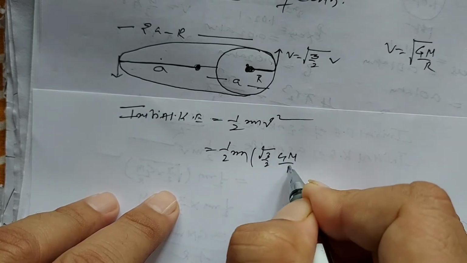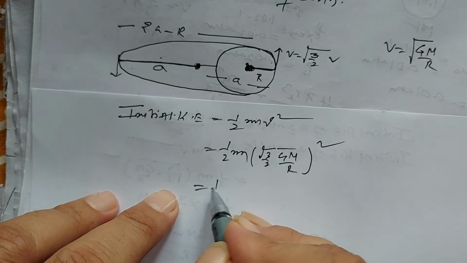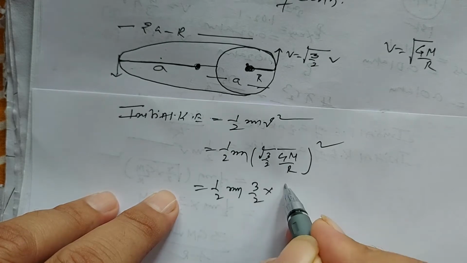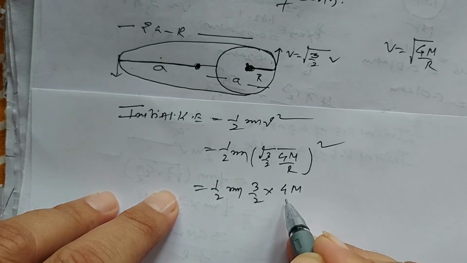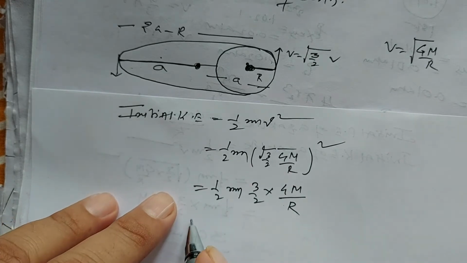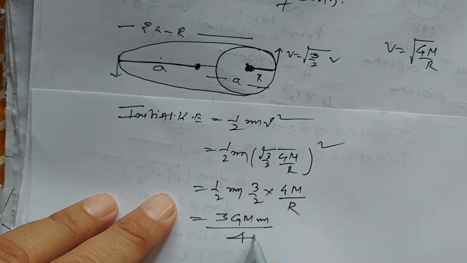That is half m into 3 by 2 into GM by r, which is equal to 3GMm by 4r.